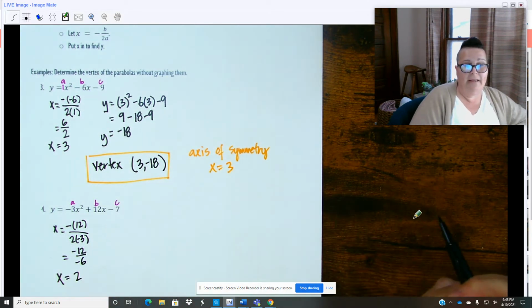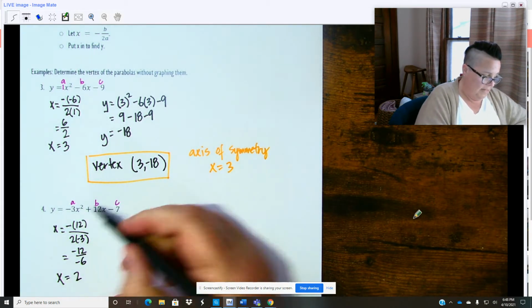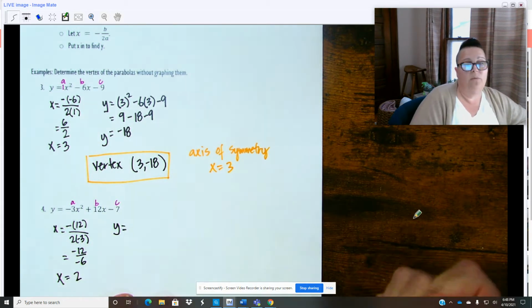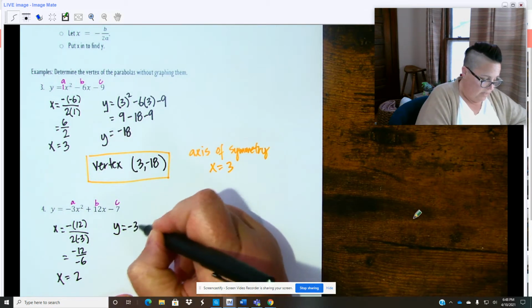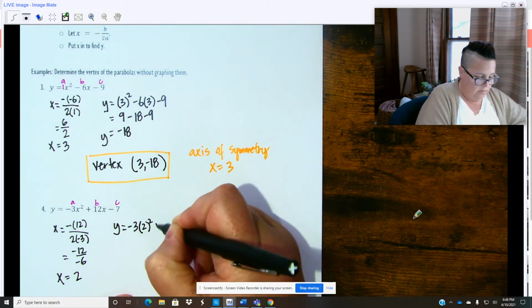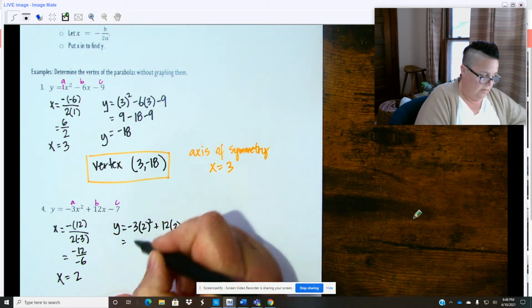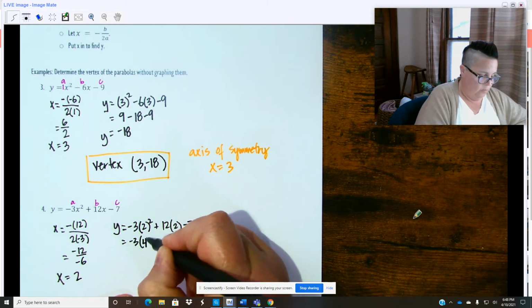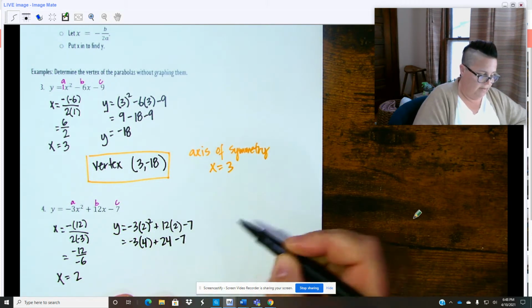So I need to let x equal 2. When I let x equal 2 and put that in, I will determine the y value of the vertex. So this would be a negative 3 times 2 squared plus 12 times 2 minus 7. So a negative 3 times 4 plus 24 minus 7.